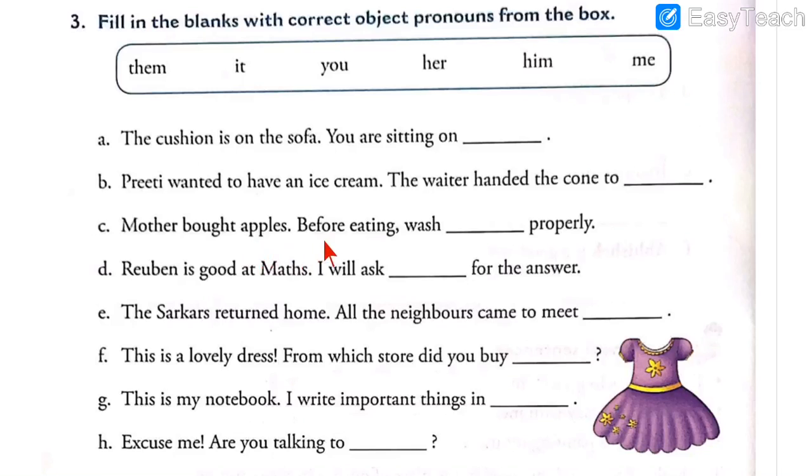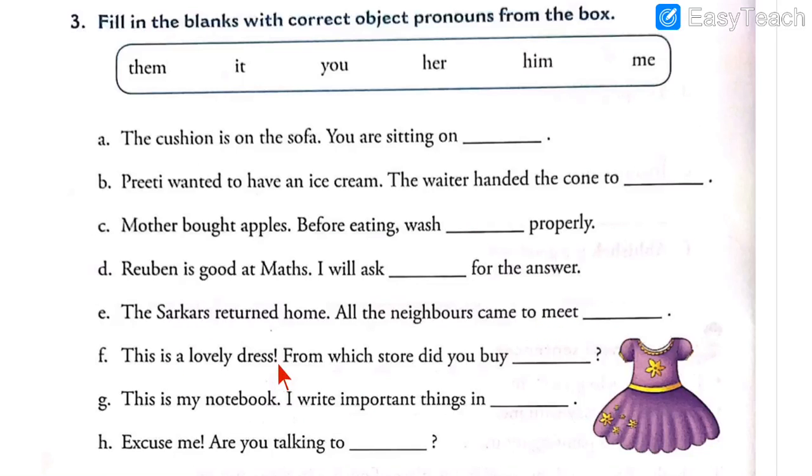Mother bought apples. Before eating, wash them properly. Reuben is good at maths. I will ask him for the answer. The Sarkars returned home. All the neighbors came to meet them.